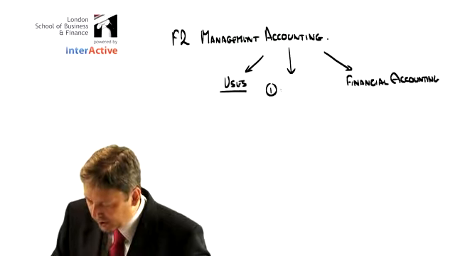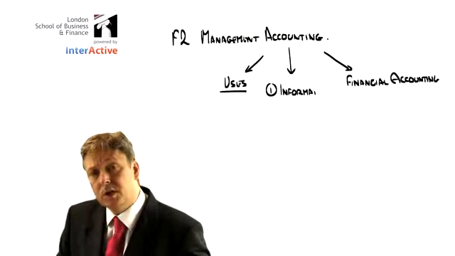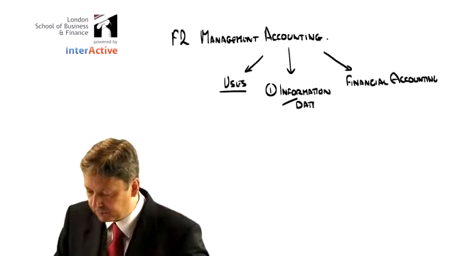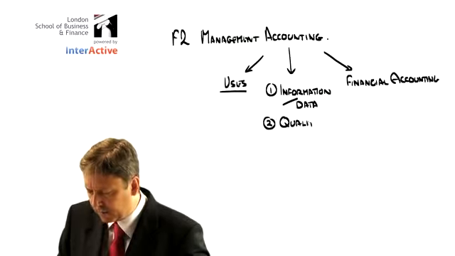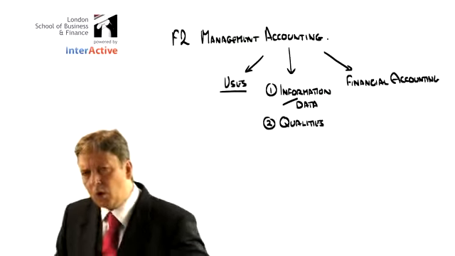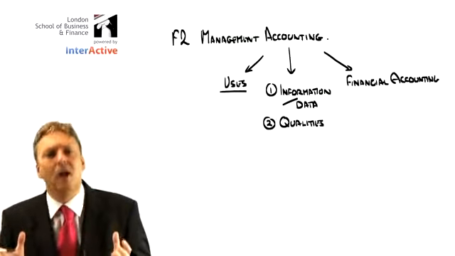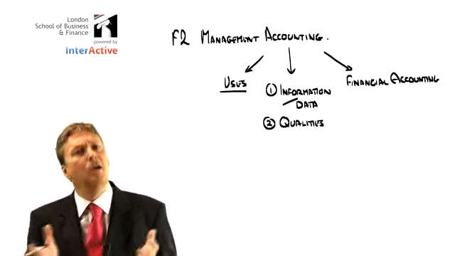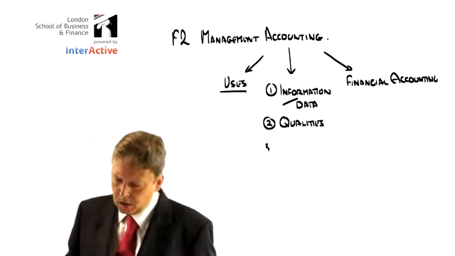Firstly, what is information? In particular there, we want to consider the distinction between information and data. Secondly, the qualities of information. What qualities would we like in our information that allows us to use the information appropriately for management accounting?